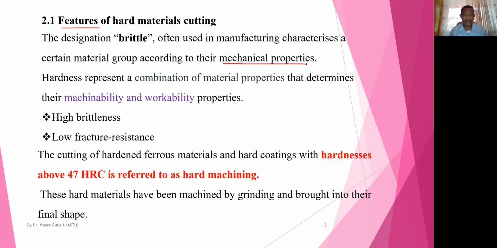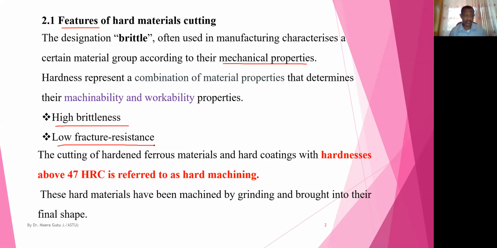They have high brittleness and low fracture resistance, meaning the hard materials can easily fracture. So machining hard materials imposes a challenge on the cutting tool, as well as in getting a high surface finish during machining.